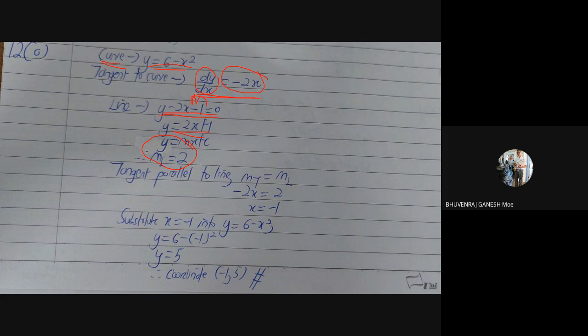Dy over dx mewakili kuantiti kecerunan. It represents gradient. And this one also I have gradient. And soalan kata tangent parallel selari kepada garis means the gradient of the tangent is equal to the gradient of the line. Yes, dy over dx equals gradient equals to m. Betul. So this is how I get this one, Anaga. Can you understand now?